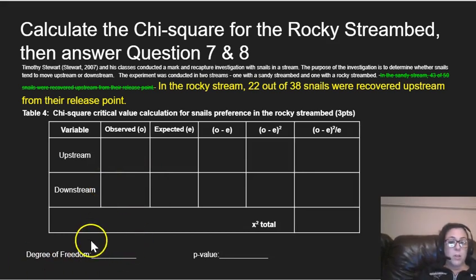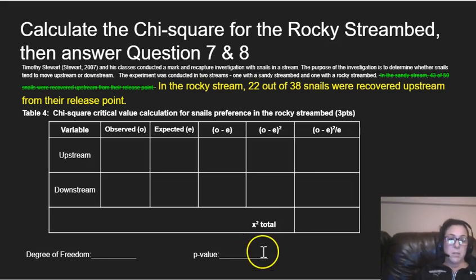Your degrees of freedom are going to be the same. It's going to be 2 minus 1. And that means your p-value is always going to be the same in biology, which is 0.05. When you calculate your chi-square value and compare it to your critical value, then you will be ready to answer questions 7 and 8. Good luck, and I will see you in our next video.